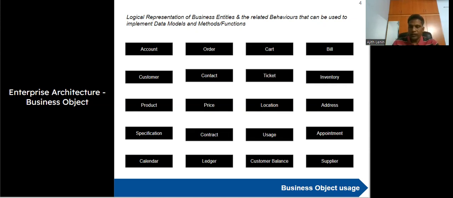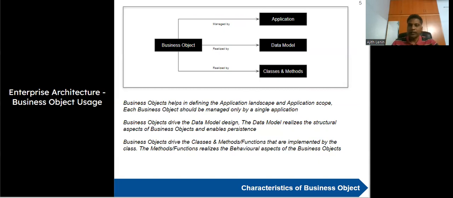Now let's see how this business object can be used. Business objects help us in defining the application landscape or the scope of the application. This is a very important aspect. As I explained, the key aspect of a business object is that it brings in the structural aspects of the business entity along with the behavioral aspects, which are spread across business functions, processes, or business services, and brings them together into a common component.